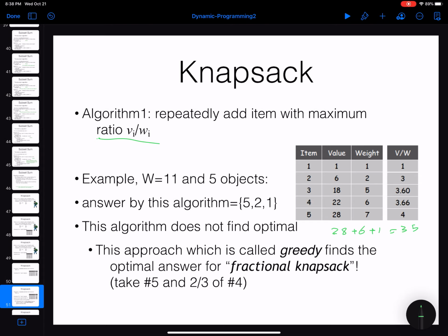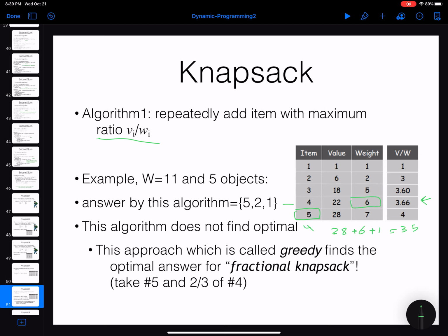But if you could take a fraction of the objects, in that case, this algorithm is going to work. What would happen in that case? You would take 5, and then the remaining weight is going to be 4, so you cannot actually take the next item with the maximum value per weight ratio. You cannot take all of it, right?